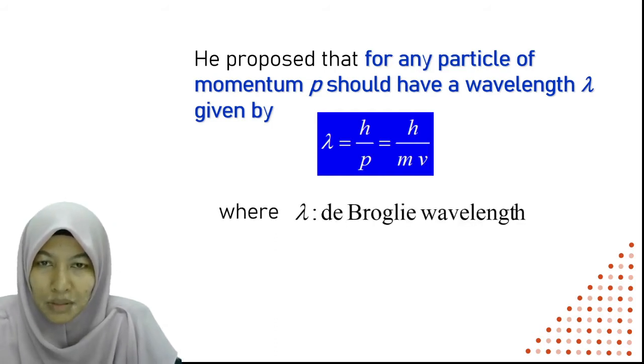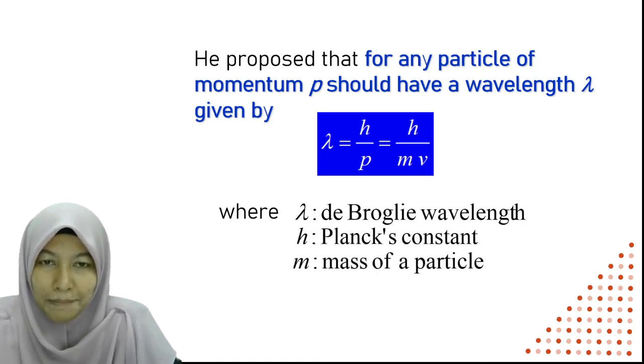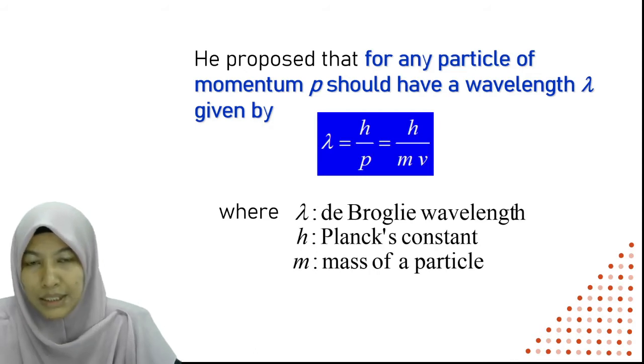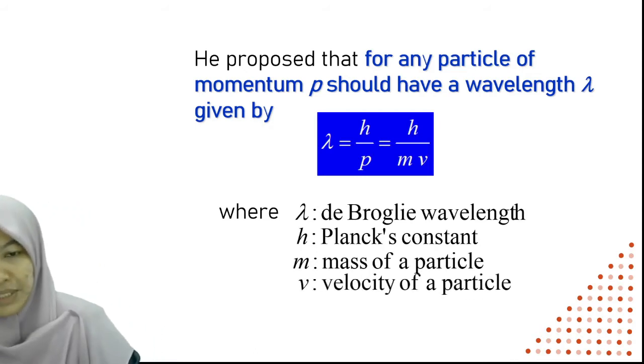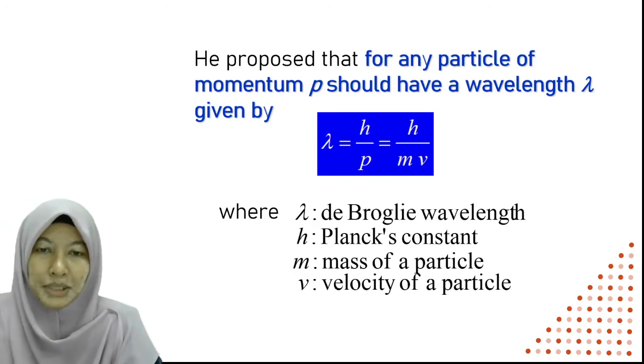Daripada formula tersebut kita boleh lihat di mana lambda represents the de Broglie wavelength, h is the Planck constant, m is the mass of a particle, and v is the velocity of a particle.